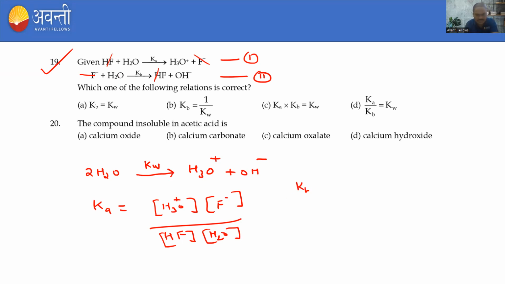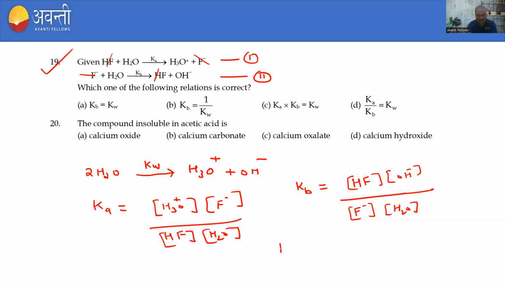Similarly, if you want to calculate Kb, from these two equations, equation 1 and 2, I'm calculating Ka and Kb, right? Kb comes out to be HF and OH negative divided by F negative and H2O. Look here carefully, I'm calculating from here. So this is Kb.